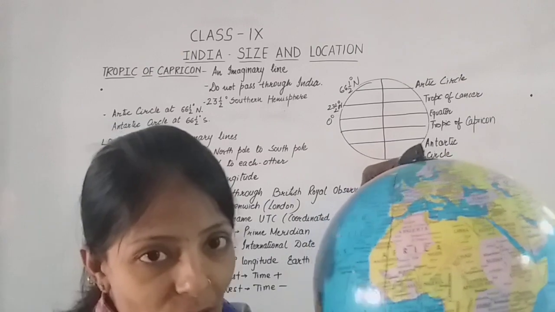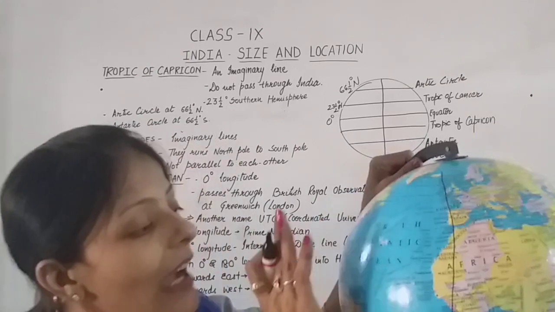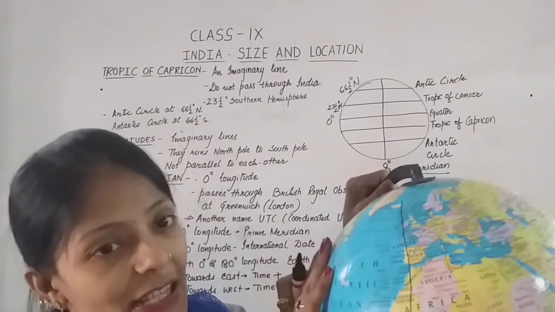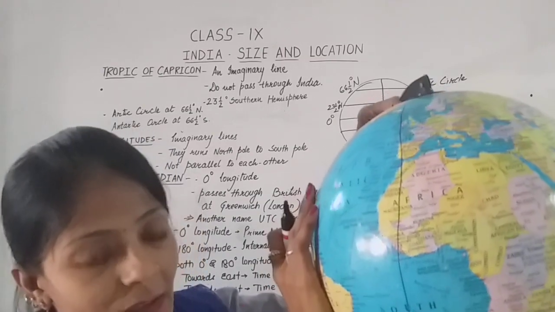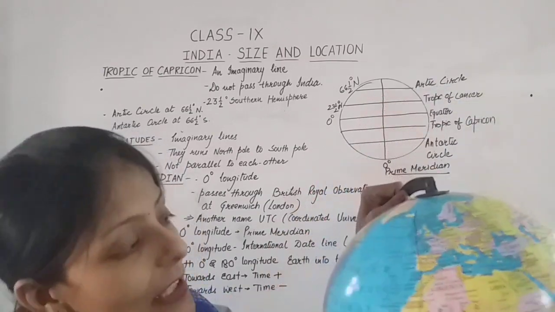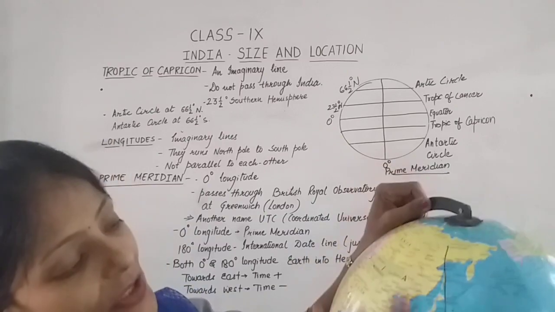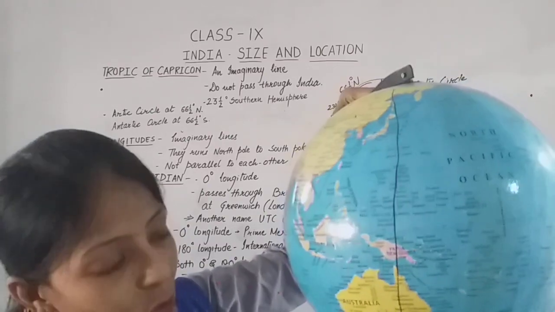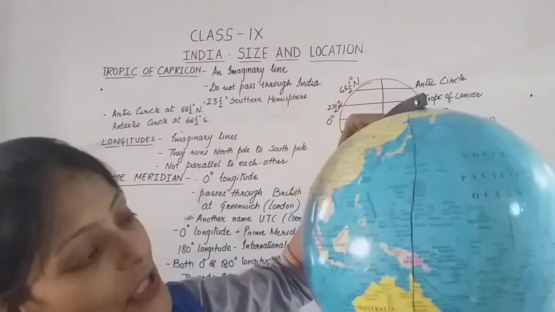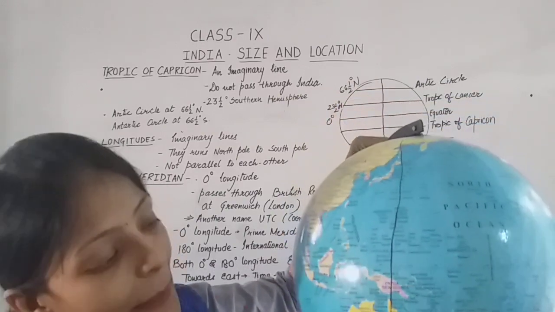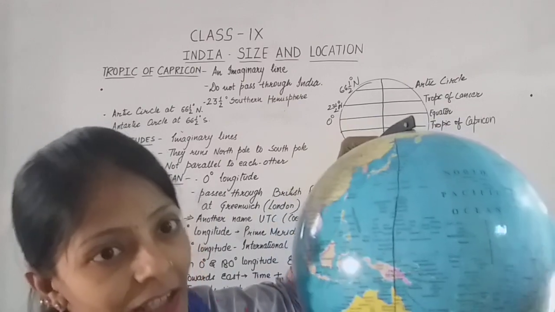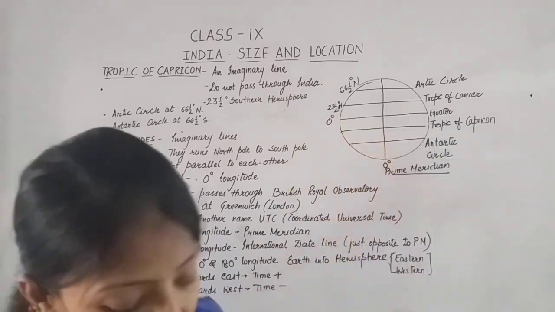This hemisphere is known as the Eastern Hemisphere and this hemisphere is known as the Western Hemisphere. I am again repeating, these two longitudes divide the Earth into two equal hemispheres.